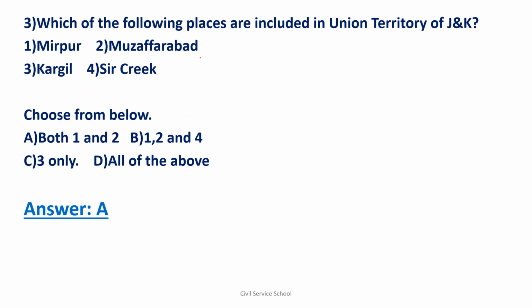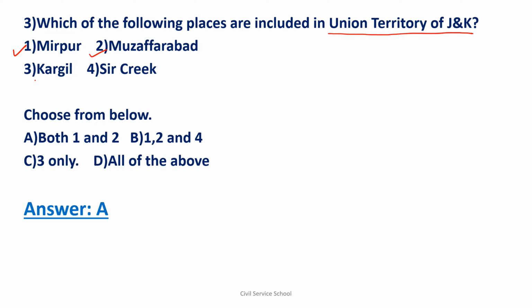Which of the following places are included in Union Territory of J&K? This is recently formed. Union Territory of J&K Ladakh. So Mirpur, that is true. Muzaffarabad, that is true. Kargil, this is actually a question of elimination.